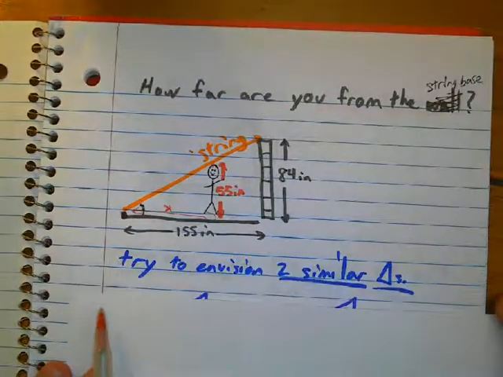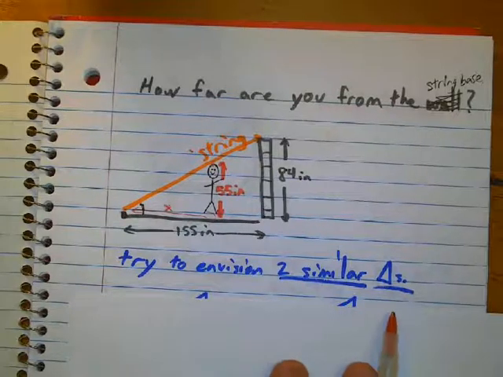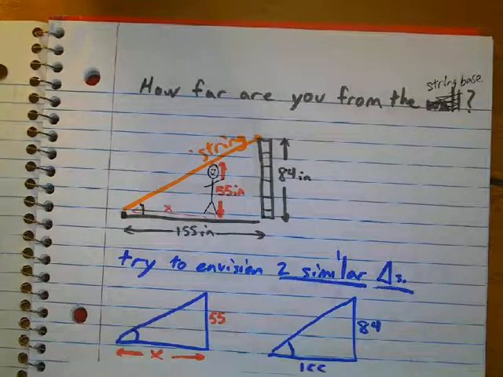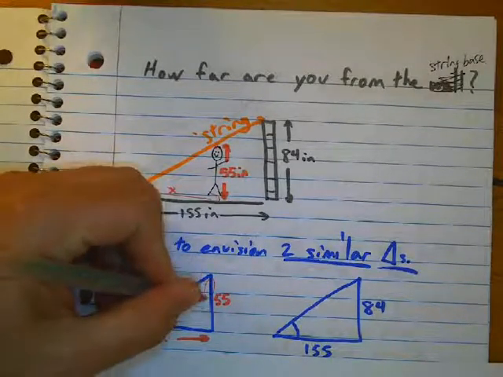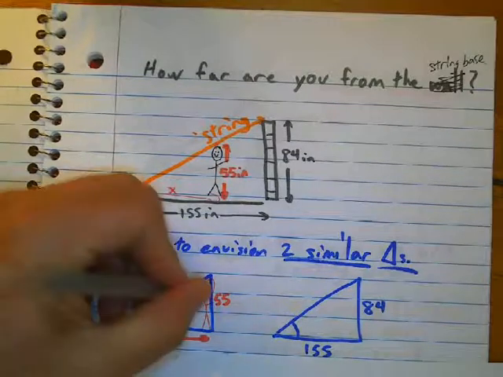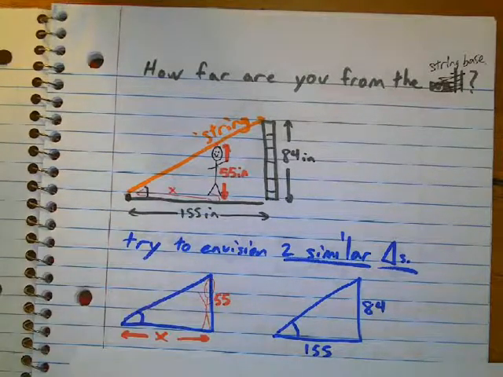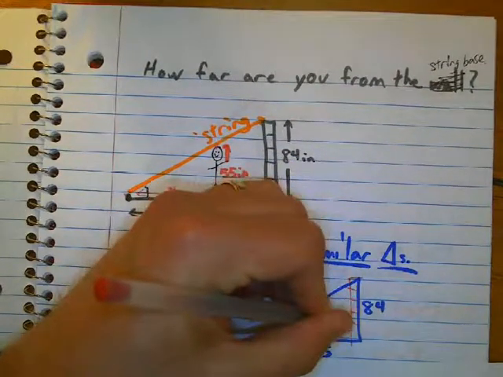And anyways, so the first thing to do to solve this is envision that you've got two similar triangles. So here's the first triangle with the person, right? And then here is the triangle with the wall, right? There's the wall.